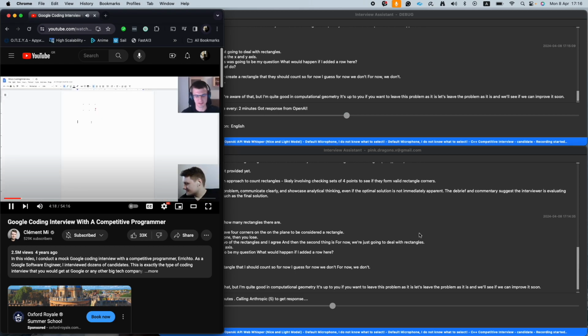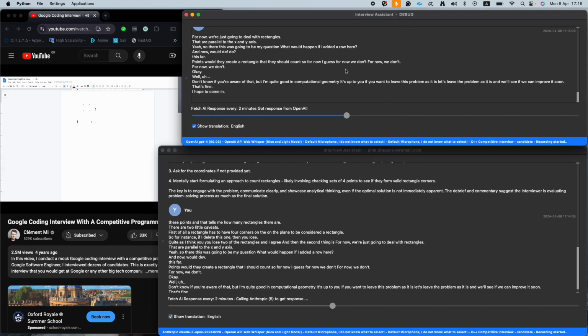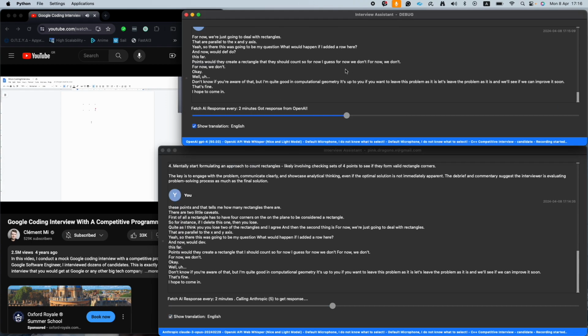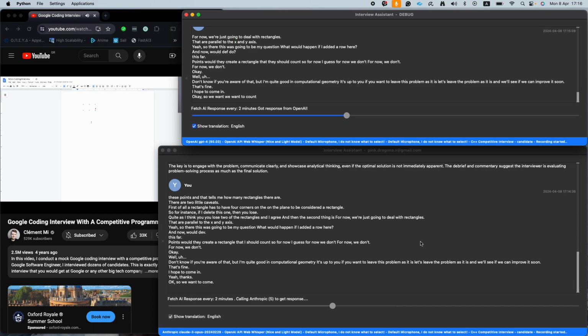Okay, so we want to count rectangles made of 4 points from here. They should be parallel to the axes. I guess the professional word for that is like isotetic. There is a word for that, I don't remember.